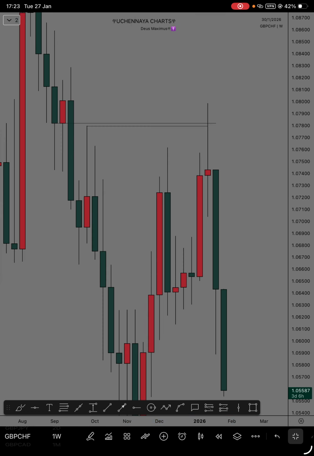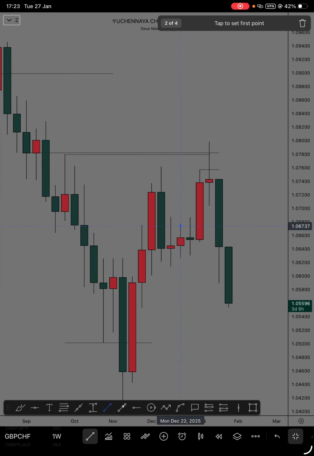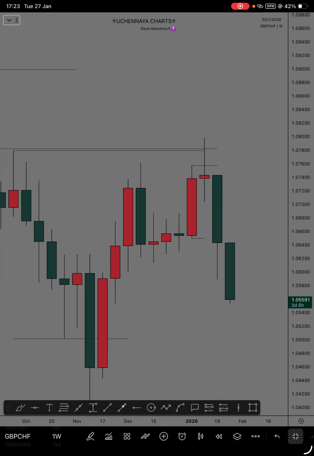Okay, and that makes our weekly reject weekly. We also had this very CRT formation right here. And this is where the target was actually met for that candle range, right?